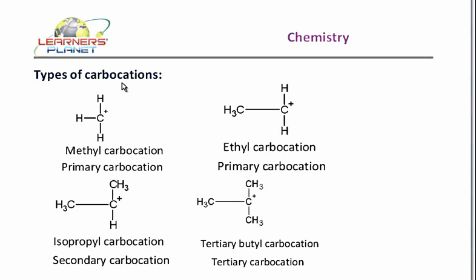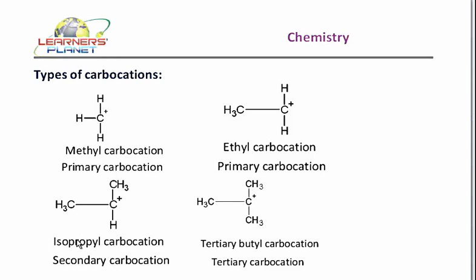Now the types of carbocations. This is a methyl carbocation. That is, it is a methyl group, and the carbon atom has 6 electrons in its valence shell. Likewise, this is an ethyl carbocation, right? Or these are also called primary carbocations.